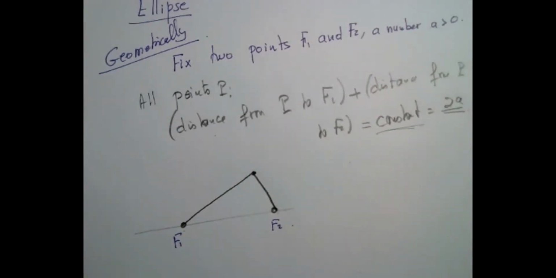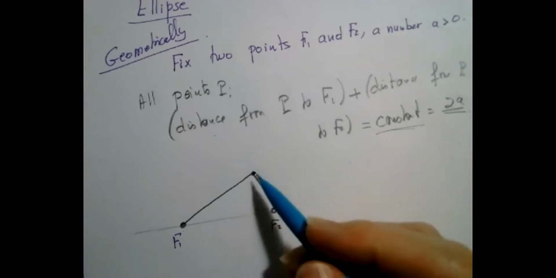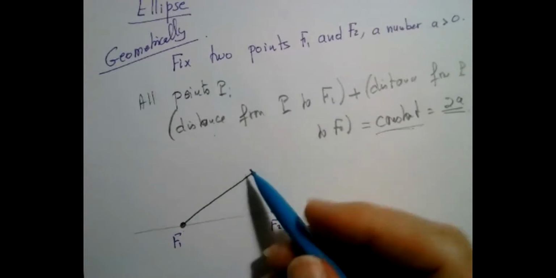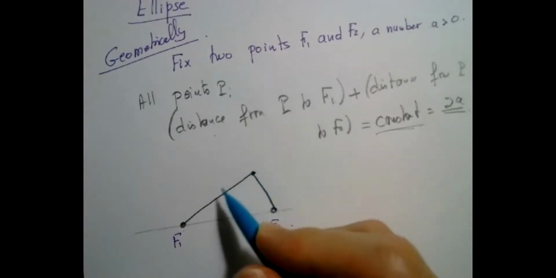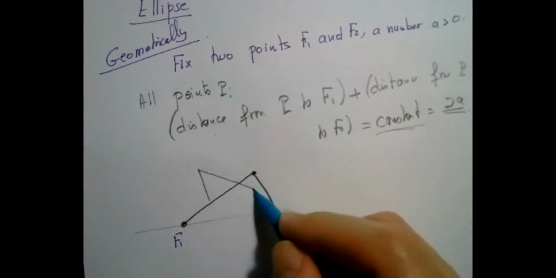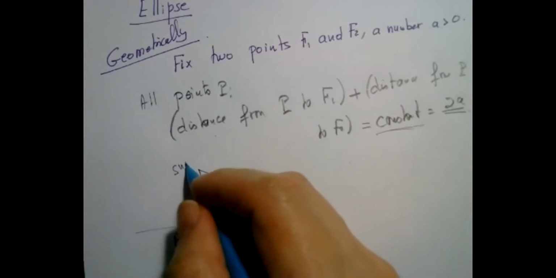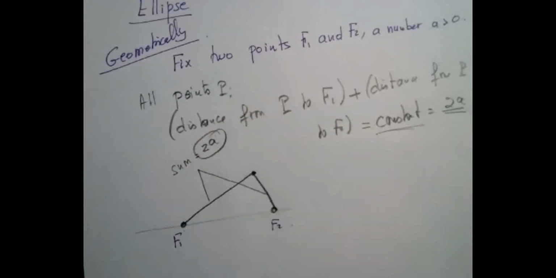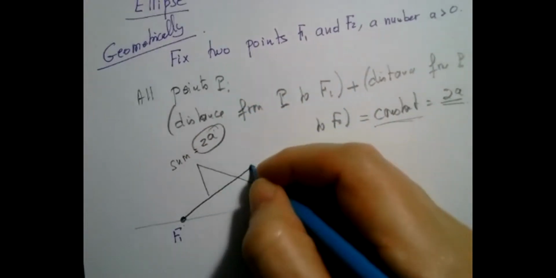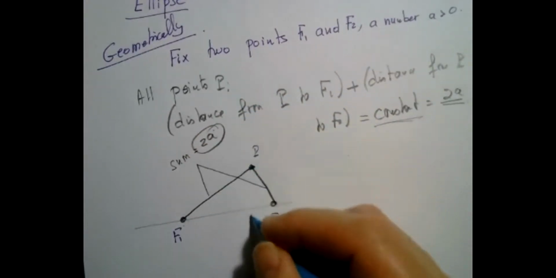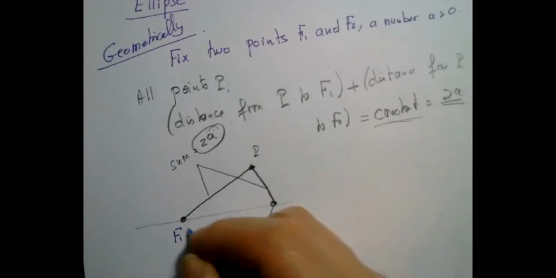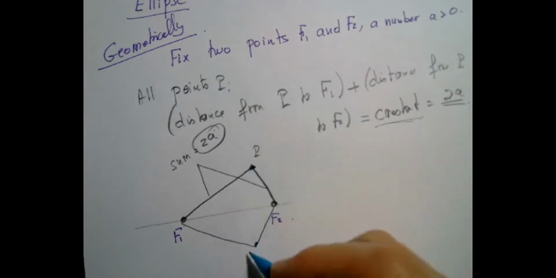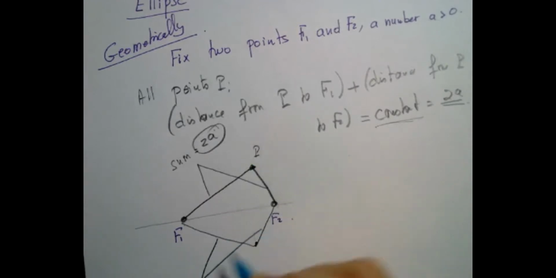So geometrically, before we say what the equation is, what's the ellipse? I fix 2 points, F1, F2, usually, and then I take all the points such that the sum of the distances from here to here is fixed. So the sum is, let us say, a certain number, we call it 2a. If this is a point on the ellipse, this point also will be on it.